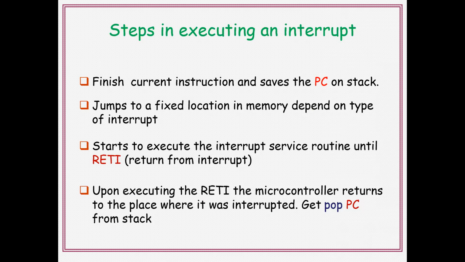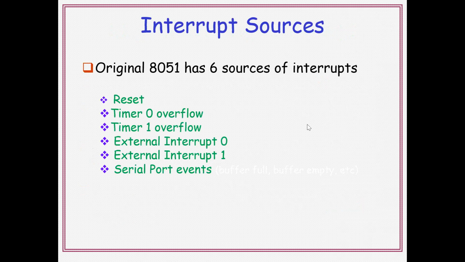Next, it jumps to a fixed location in memory depending on the type of interrupt, and starts executing the interrupt service routine until RETI, return from interrupt. Upon executing the RETI instruction, the microcontroller returns to the place where it was interrupted, popping the PC from the stack. These are the default steps in executing an interrupt.